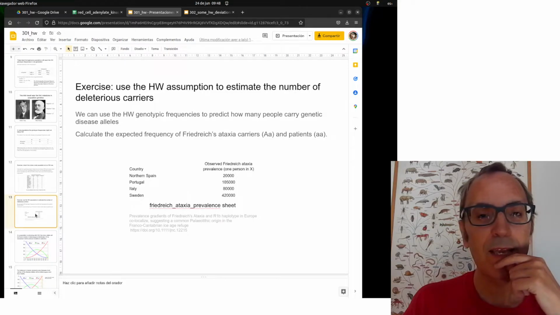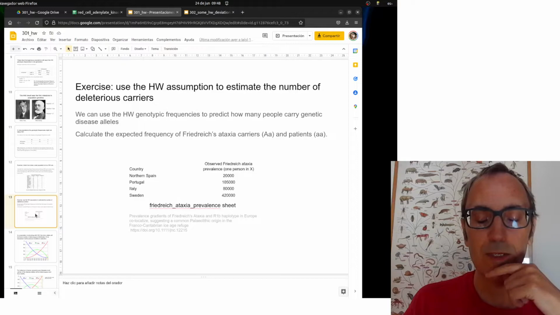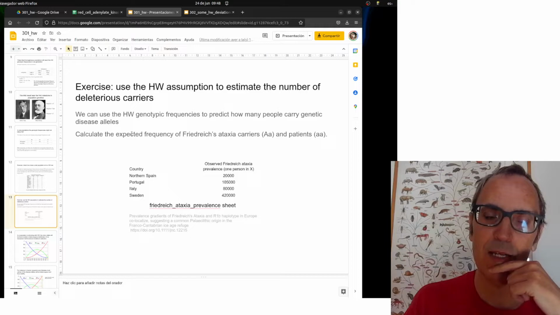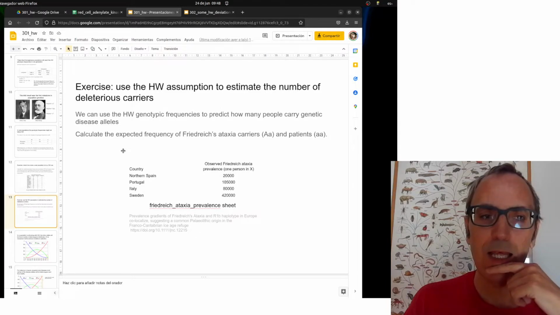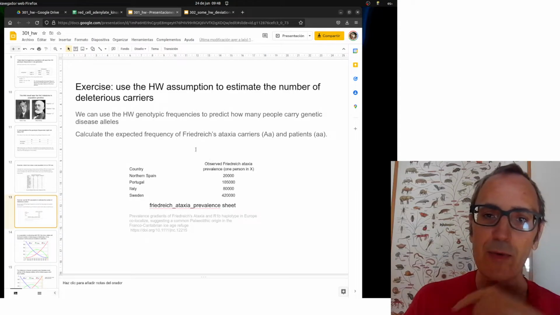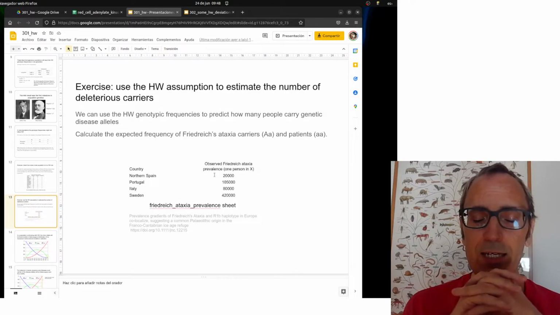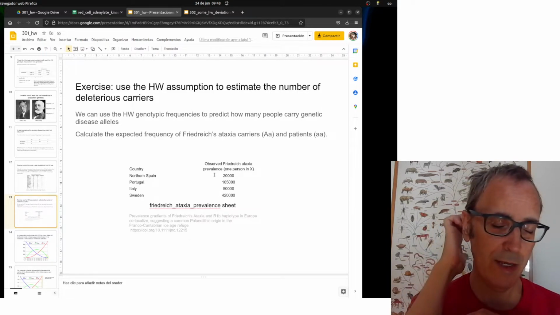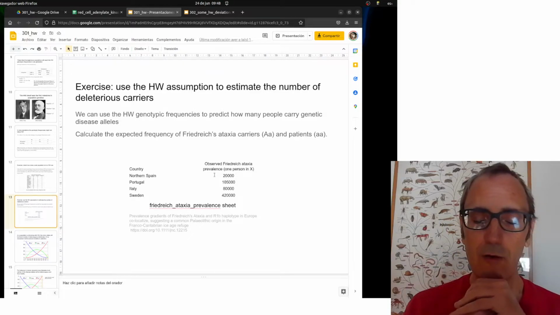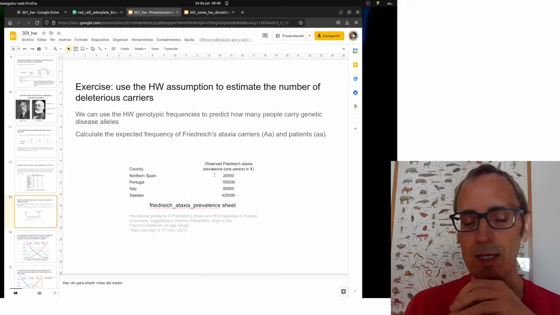Also, if you assume that your population is more or less close to the Hardy-Weinberg genotypic frequencies, you can use that information in order to infer genotypic frequencies that you cannot measure. For instance, if you have a disease in which you can see people that are homozygous for the deleterious allele, so people with the disease will be homozygous for a diseased allele.